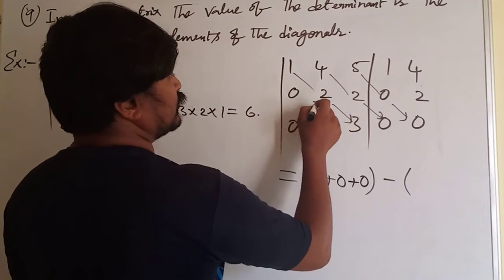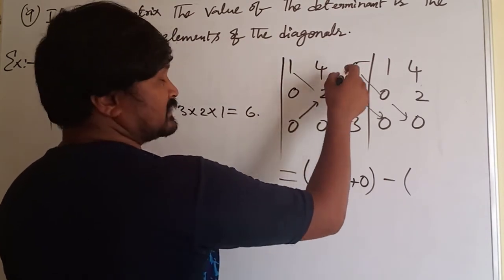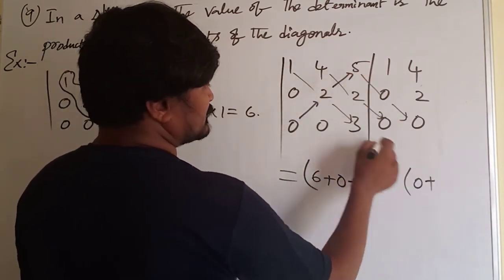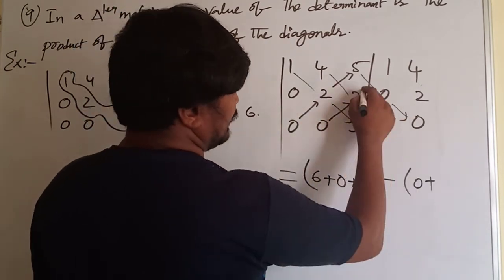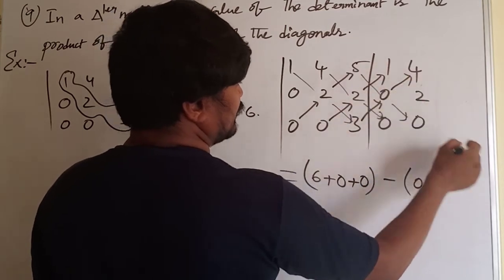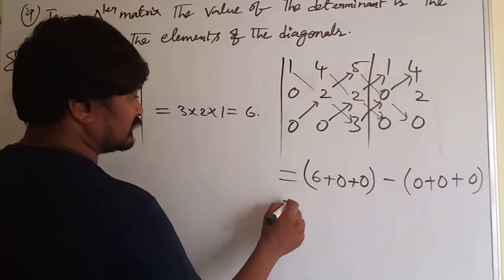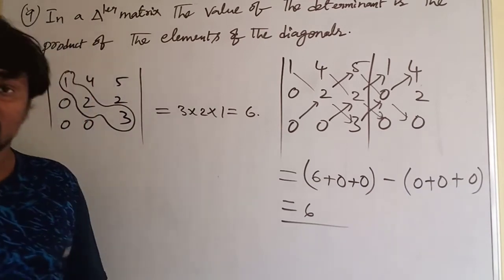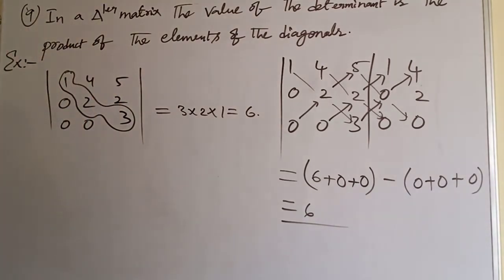Minus 0 into 2 is 0, 0 into 5 is 0. Plus 0 into 2 is 0, 0 into any number is 0. Plus 3 into 0 is 0. So at last, what did you get as the answer here? 6. So have you understood now?